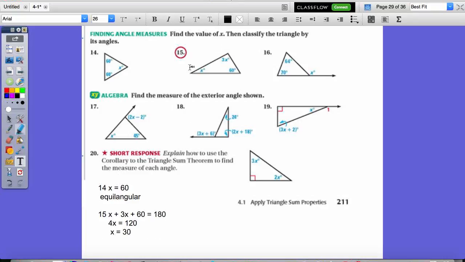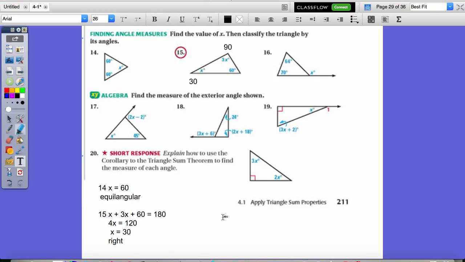So if this is 30, and that's 60, 30 plus 60 is 90, 180 minus 90 means this last angle would hopefully be 90 degrees, and 30 times 3, check that there, is 90. So for number 15, I'm supposed to classify it, and it's a right triangle.